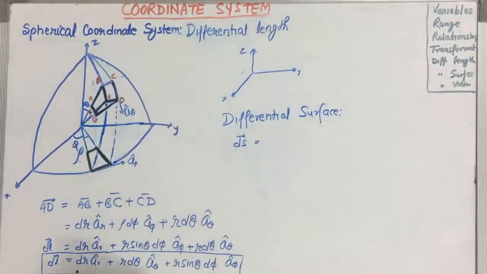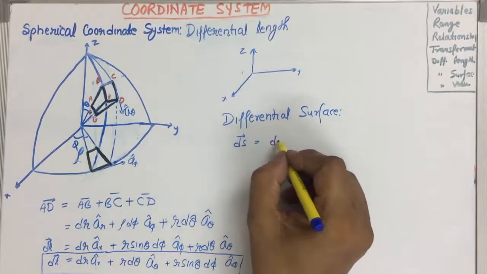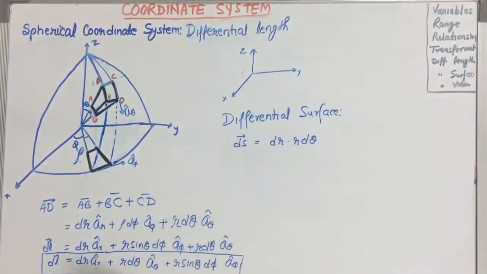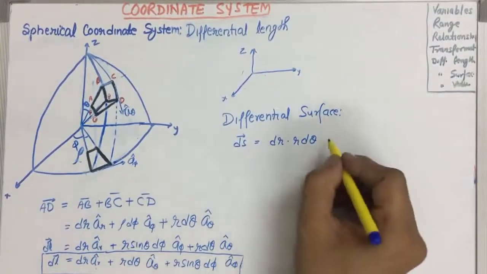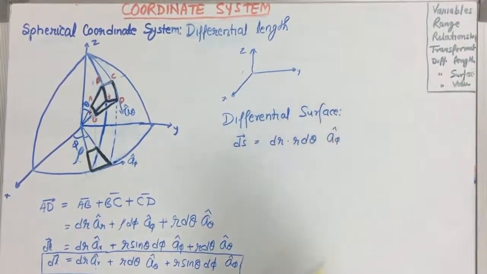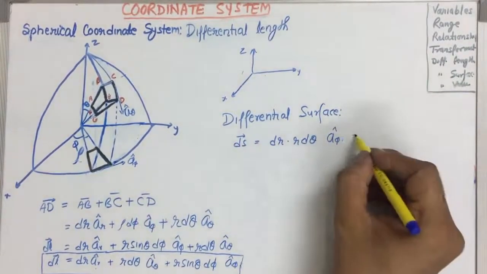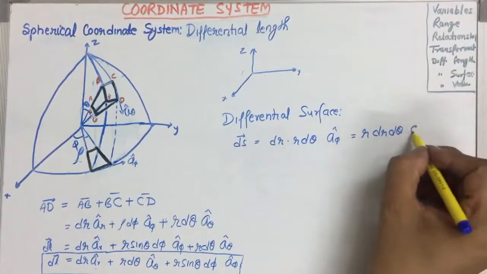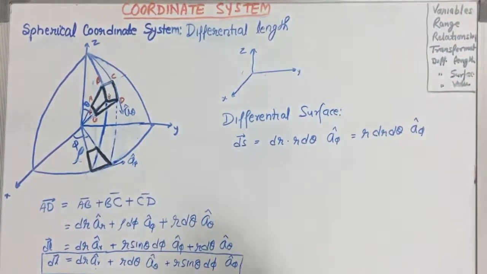Just multiply two of these and take the cross product of these two. dr times r d theta, a r cross a theta, will give a phi. So you can write r dr d theta a phi.